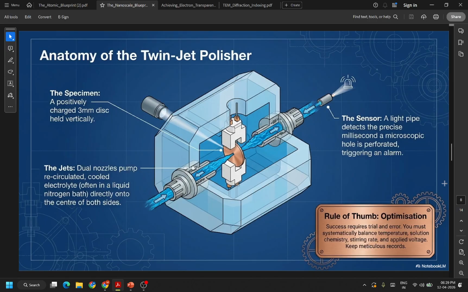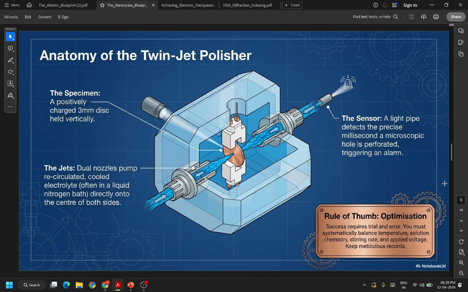And then there's a sensor, which is a light pipe, which detects the precise millisecond a microscopic hole is perforated and triggers an alarm to stop the polishing further to prevent damage.